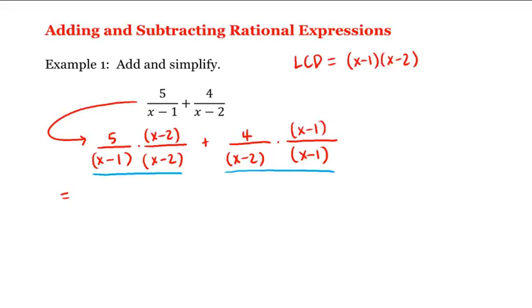In other words, this is equal to 5 times x minus 2 plus 4 times x minus 1, all divided by x minus 1 times x minus 2.